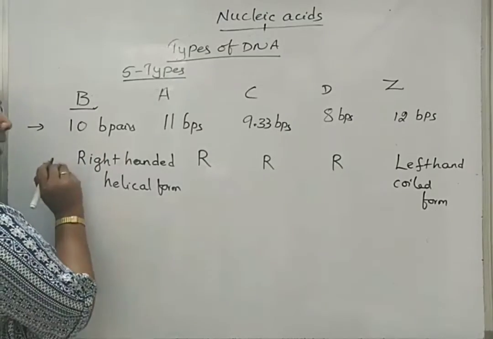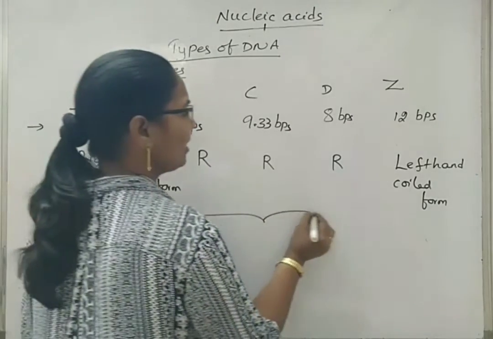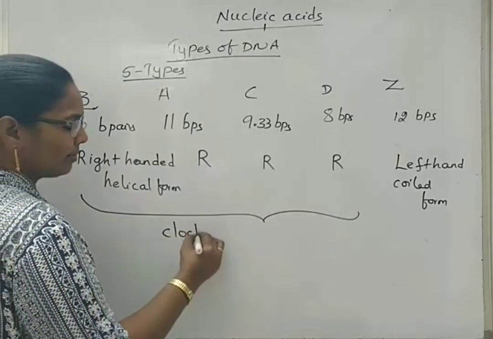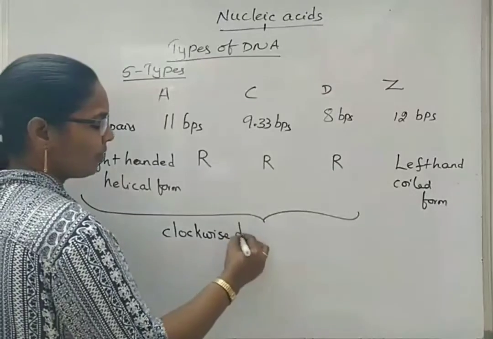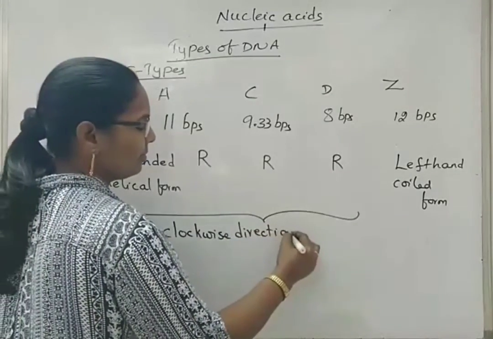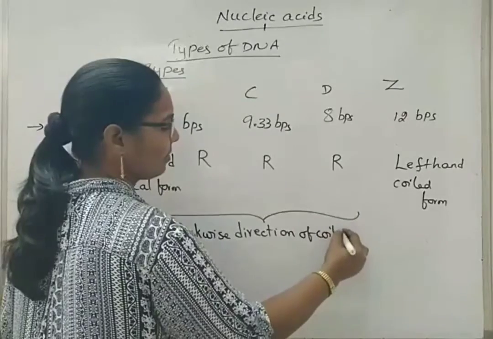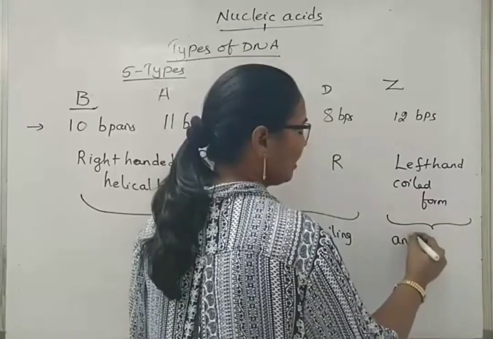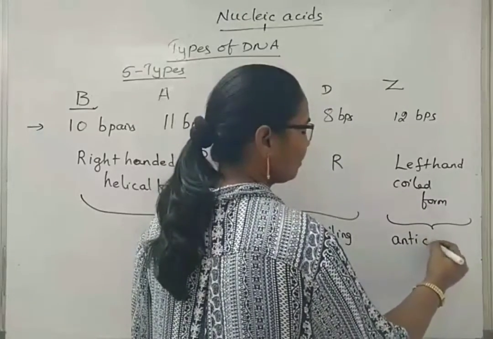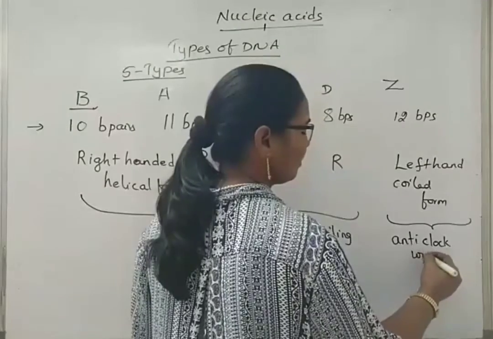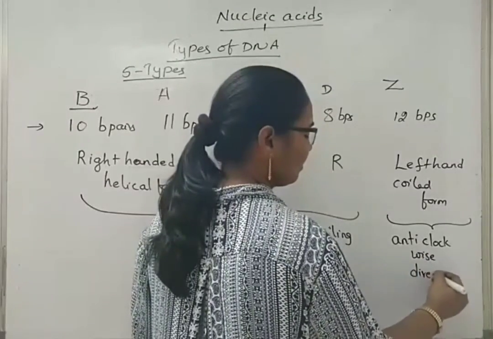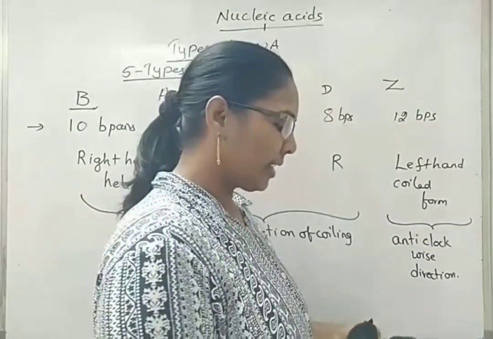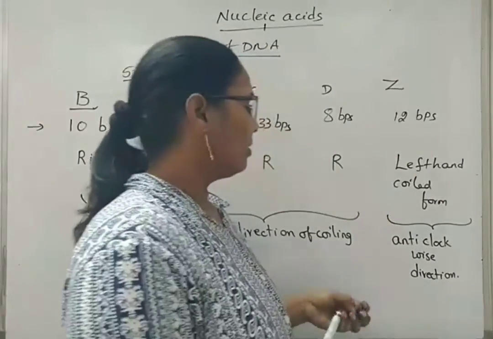Means B-DNA, A-DNA, C-DNA and D-DNA show clockwise direction of coiling. Z-DNA only shows anti-clockwise direction of coiling. So this is about the different types and the structures of nucleotides.